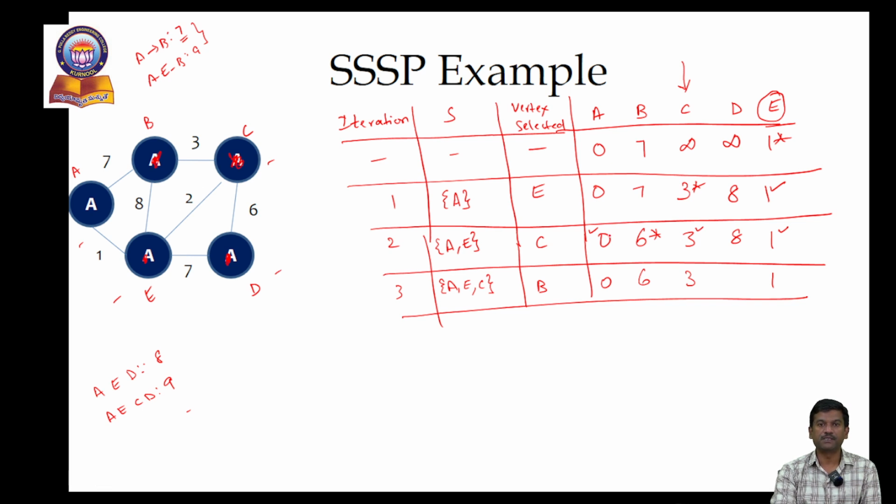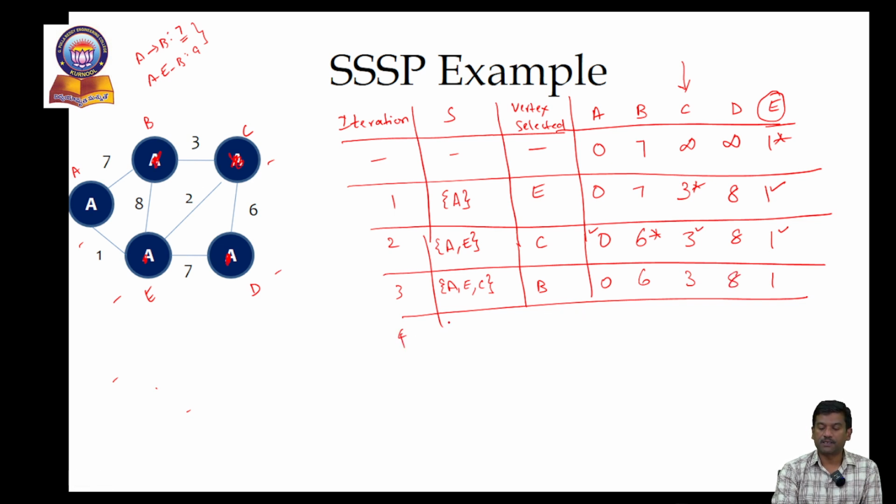And if there is any distance that is less than this 8, then you have to consider that and place it within your distance of D. Similarly, the next scenario is A, E, C, B, D. There is no edge that has been connected from B to D. So you should not take that kind of a solution. So 8 remains the minimum value here.